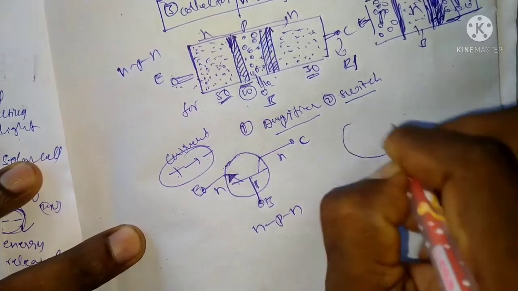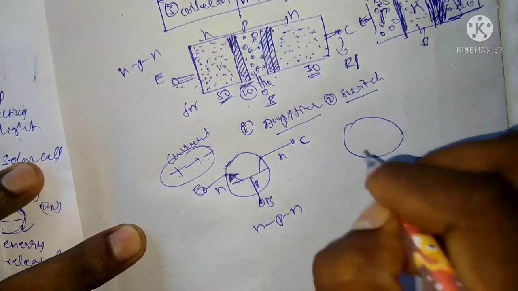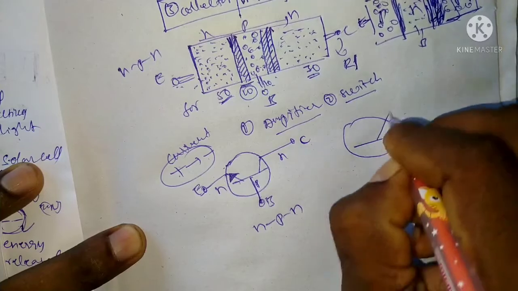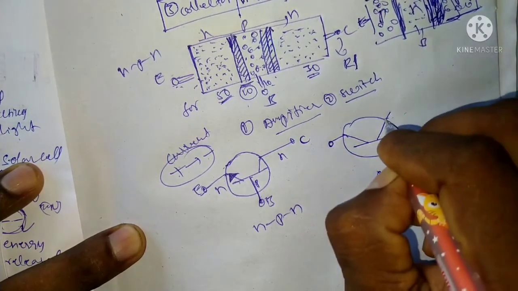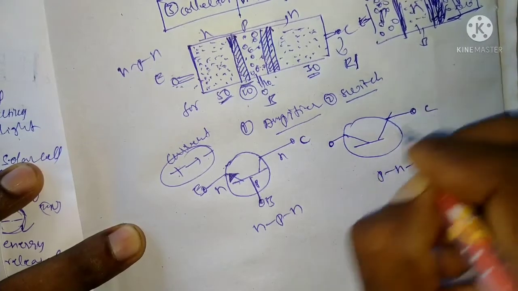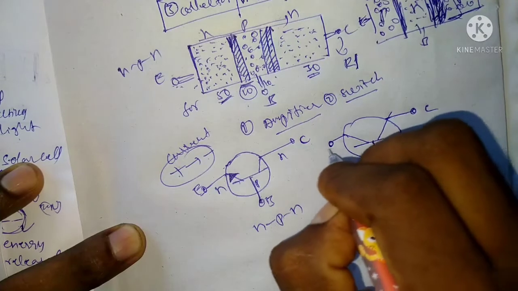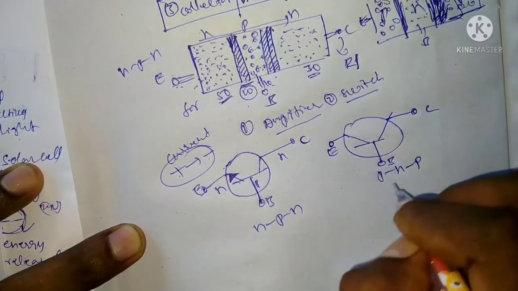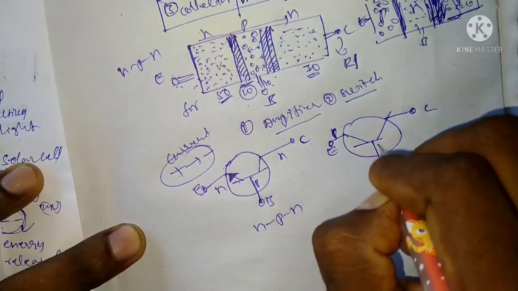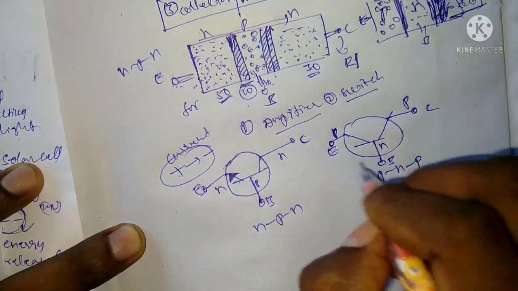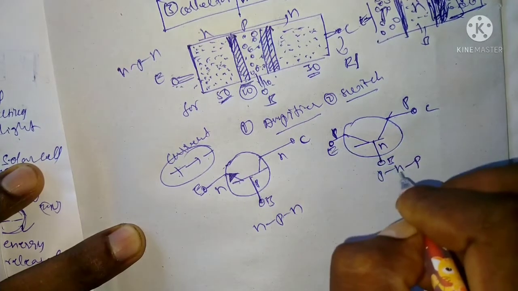In the case of PNP transistor, this is the base, this is the collector, base, emitter. It is P, N, P. The charge carriers are holes, and holes are nothing but positive charge.